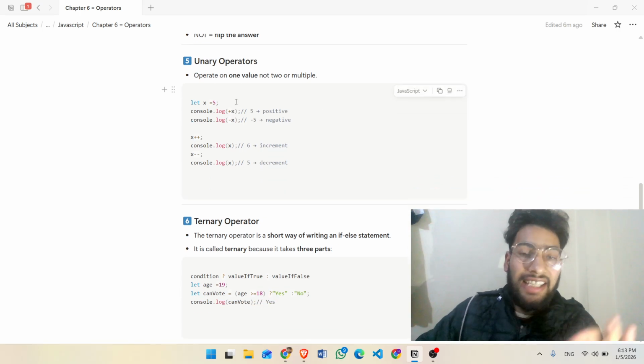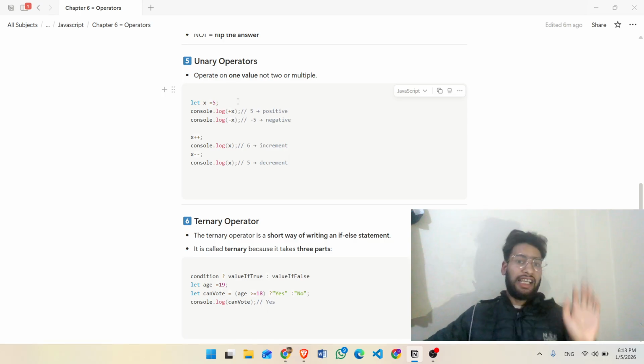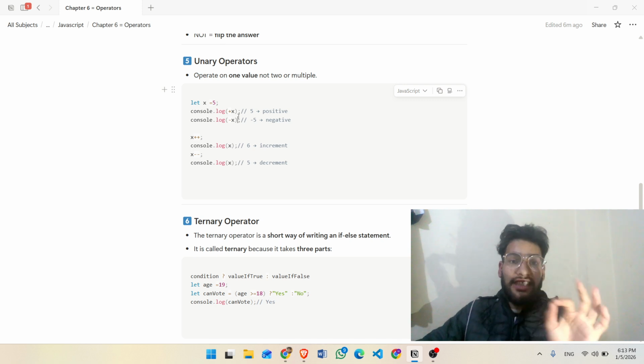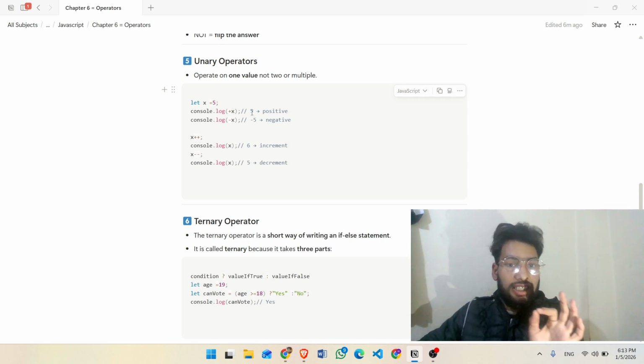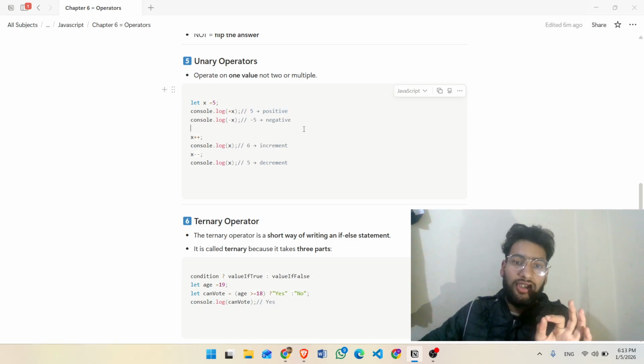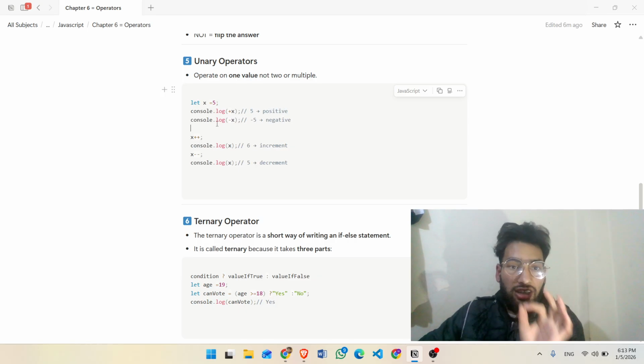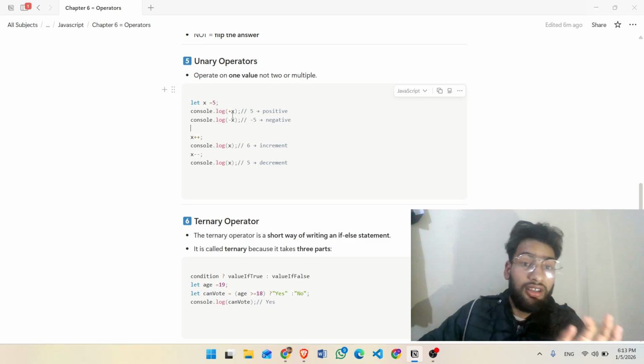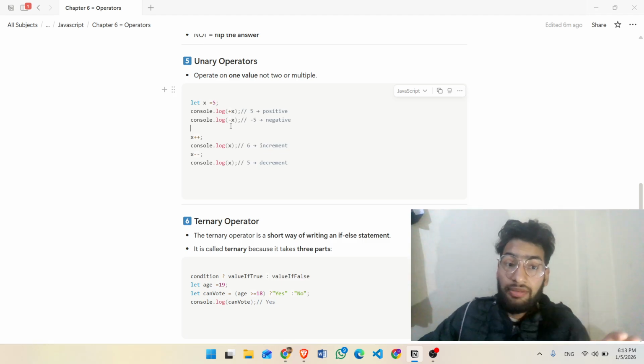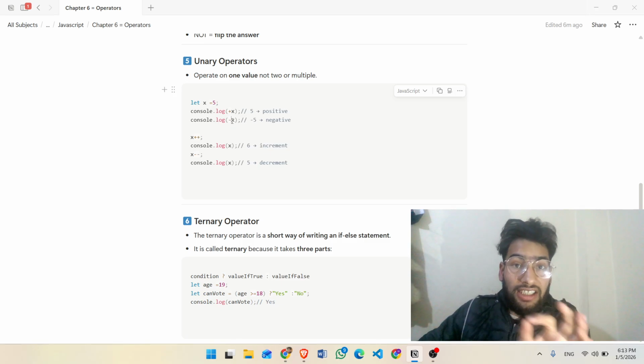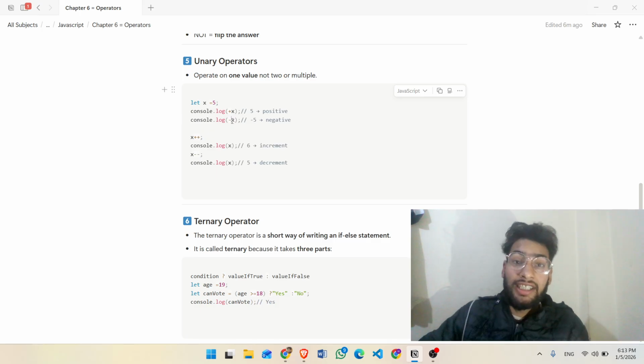Let x is equal to 5. Here, let x is equal to 5. Only one value. If we do console.log of plus x, it becomes positive. If we do console.log of minus x, it gives negative.